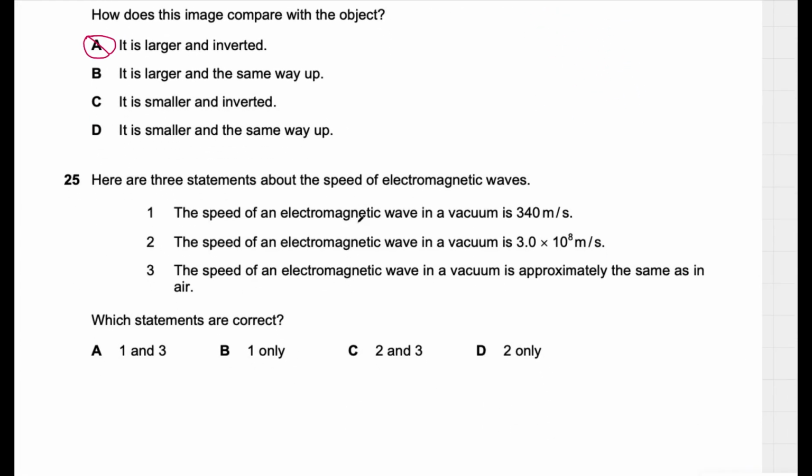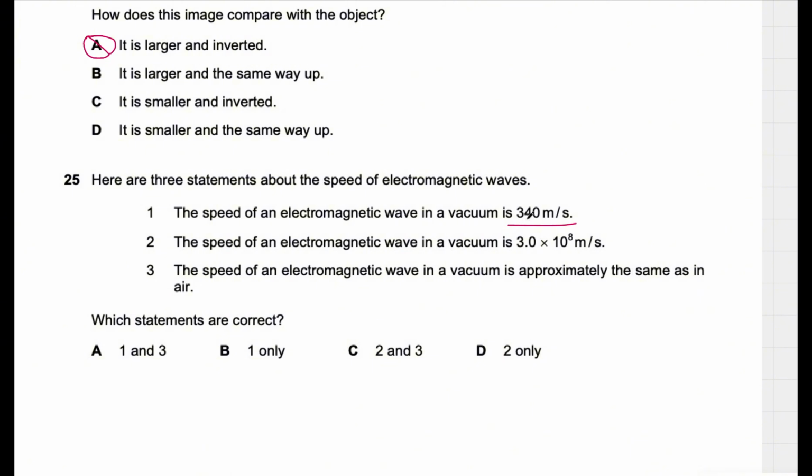Question 25. Here are three statements about the speed of electromagnetic wave. The speed of electromagnetic wave in a vacuum is this. No, that's wrong.